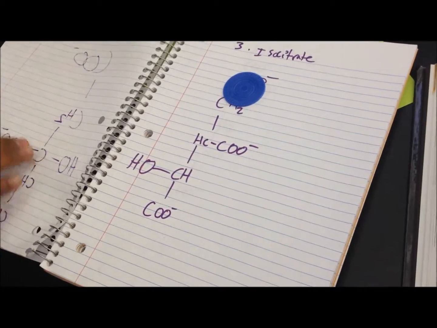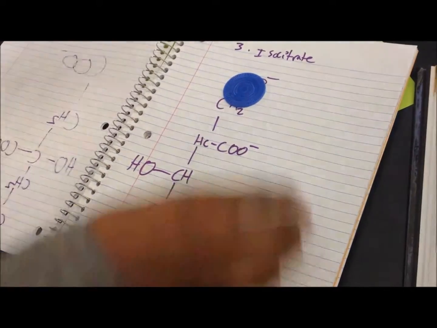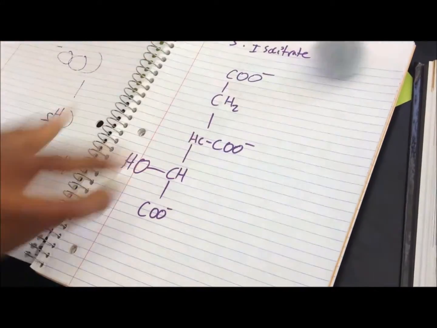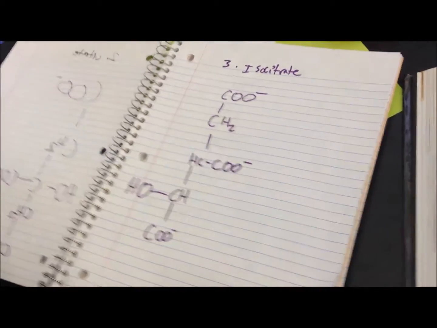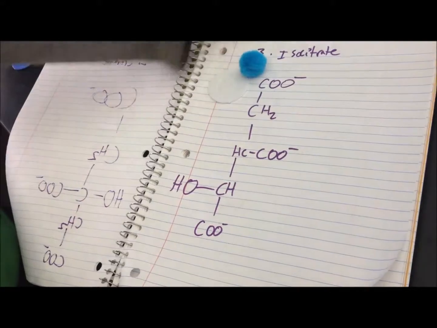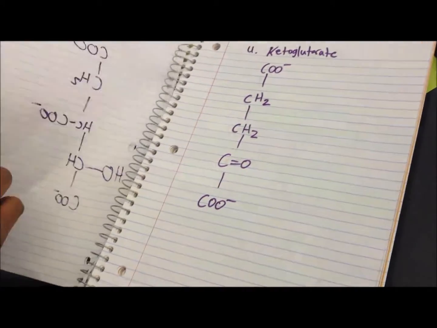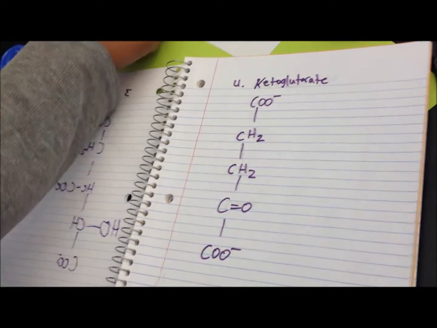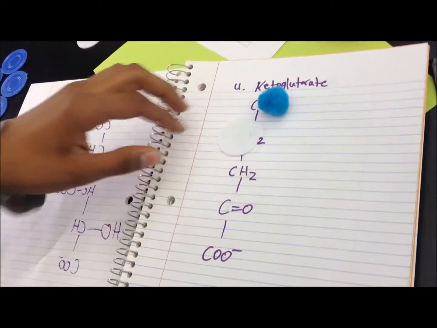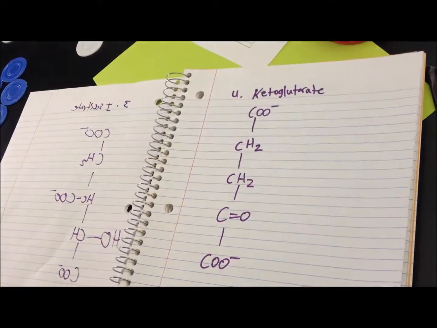Isocitrate is oxidized, reducing NAD+ to NADH. Then the resulting compound loses a CO2 molecule. Another CO2 molecule is lost, and the resulting compound is oxidized, reducing NAD+ to NADH.